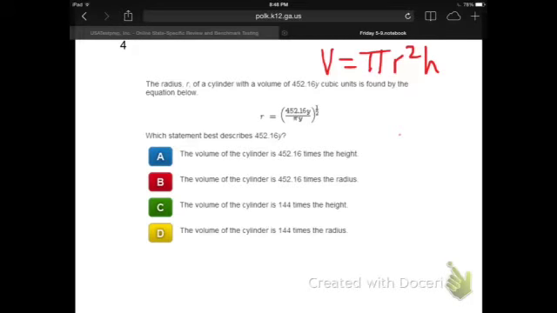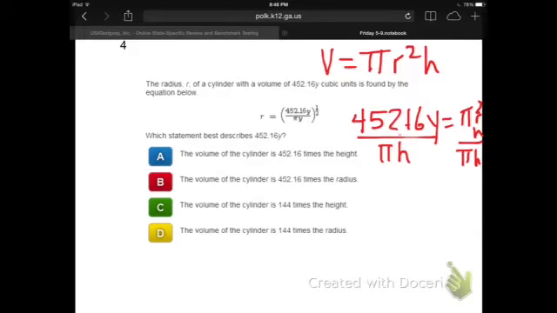And if I know the volume is 452.16y, that's going to equal pi times r squared h. And if I want to solve for r like they already did, I need to eliminate the pi and the h.